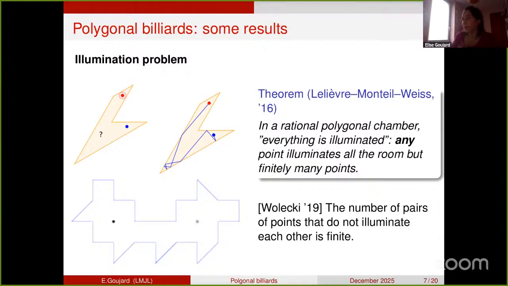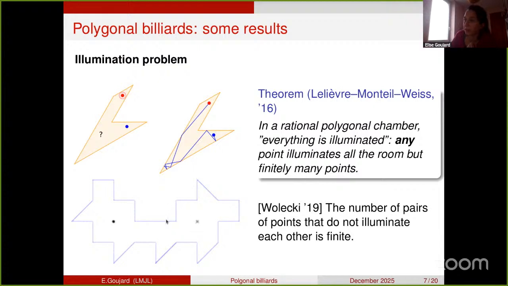And the answer to that problem was given in 2016 by Lelièvre, Monteil and Weiss. The article is called "Everything is Illuminated," and it says what it says. So any point illuminates all the room, except finitely many points. There are actually examples of points that are not reached, like pairs of points that are not linked by a billiard trajectory.